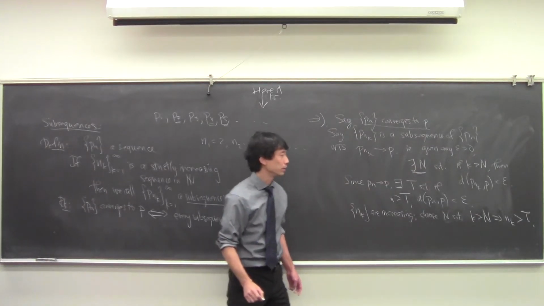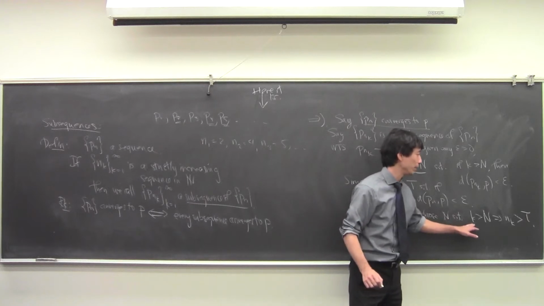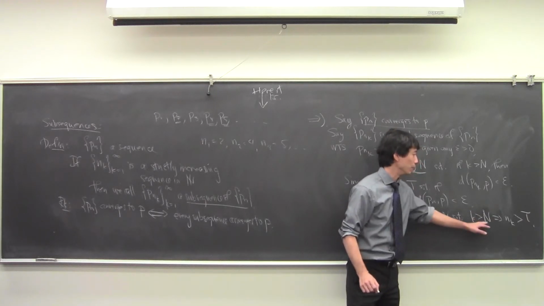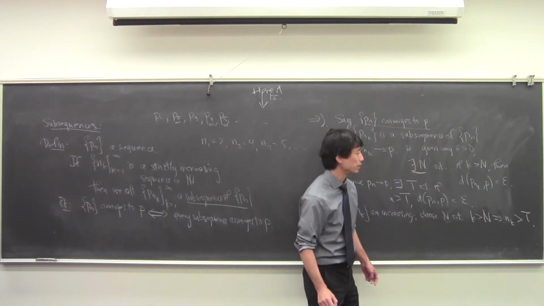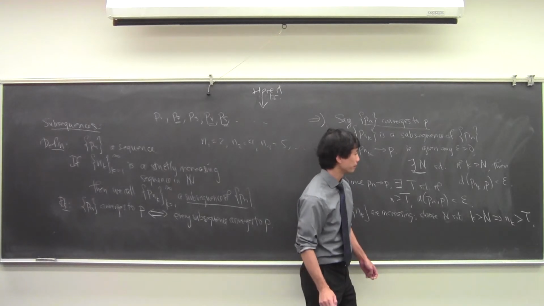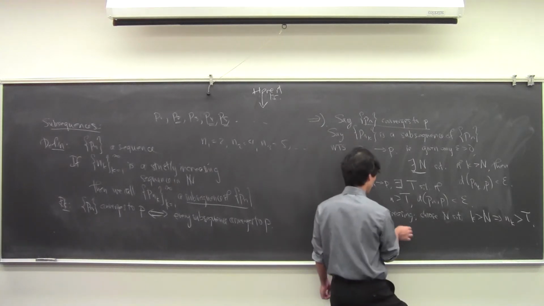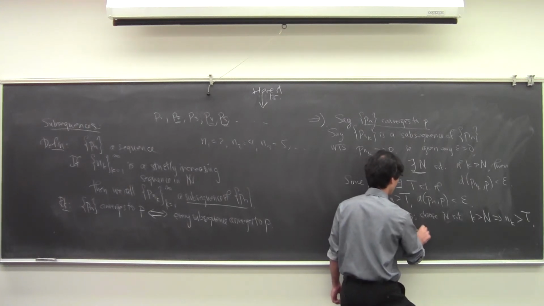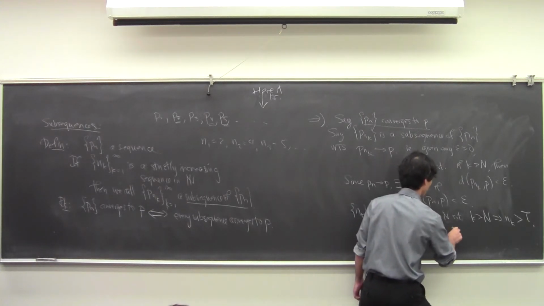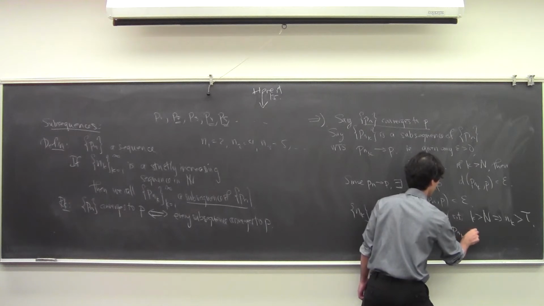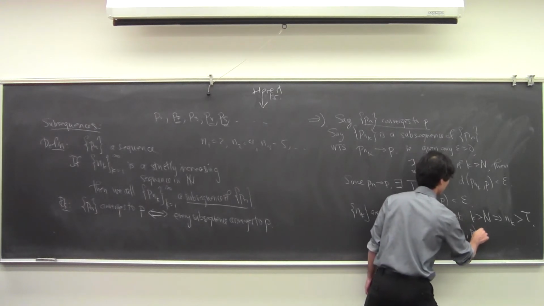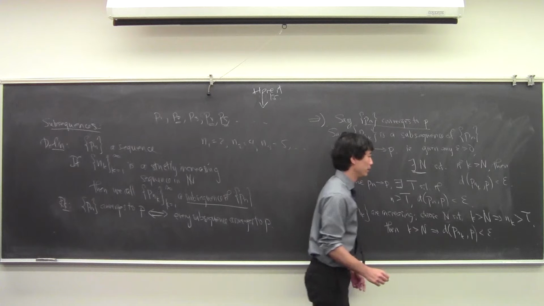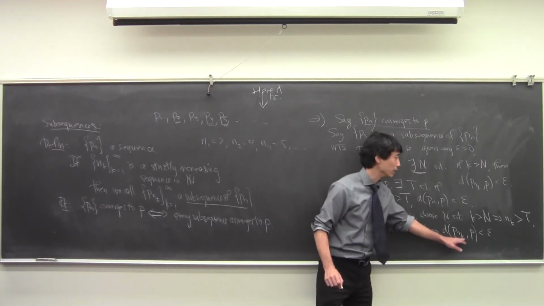Choose your n so that k bigger than n implies n sub k is bigger than t. Then k bigger than n implies that the distance of p sub n k from p is smaller than epsilon, because n sub k is bigger than t.